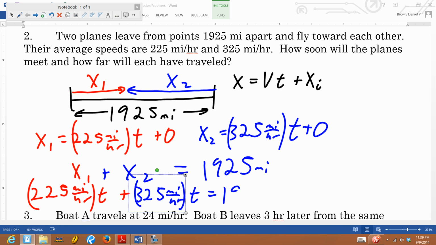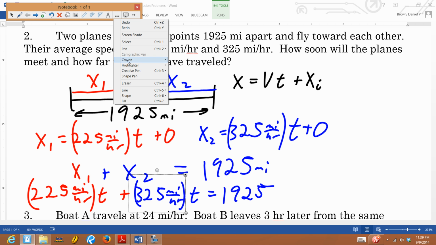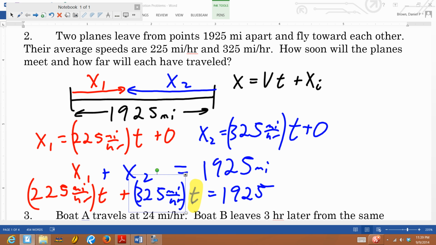And we'll say equals 1925. Since both these terms on the left-hand side of the problem have a t right here and right here, we add them up, and so we would get 550 t equals 1925.